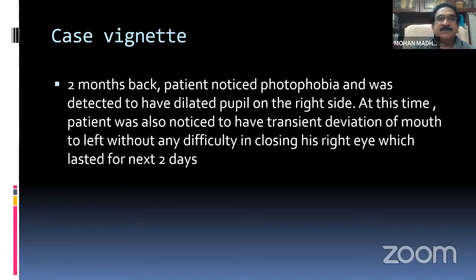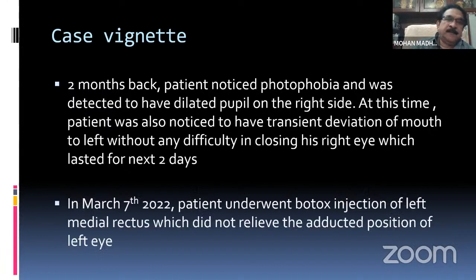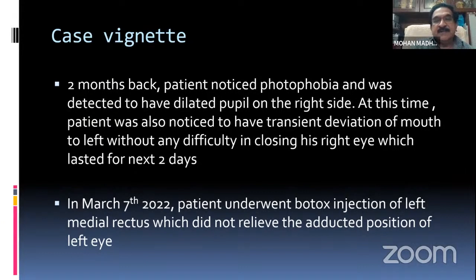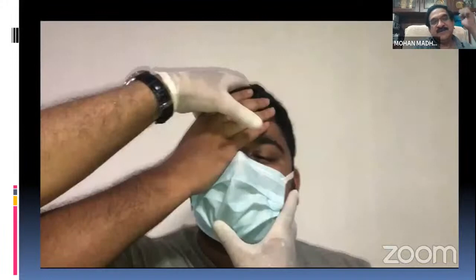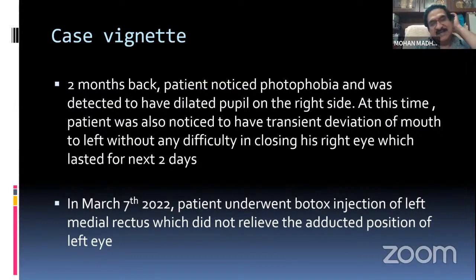And this time, patient also noticed transient deviation of the mouth to the left and difficulty in closing the right eye, which lasted for the next 2 days. On March 7, 2022, patient underwent Botox injection of the left medial rectus, which did not change the position of the left eye. So this is the story. It's a very, very long story.